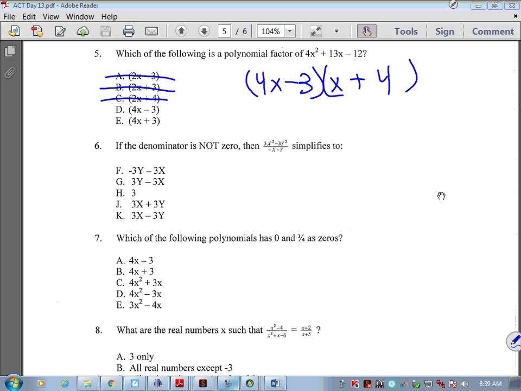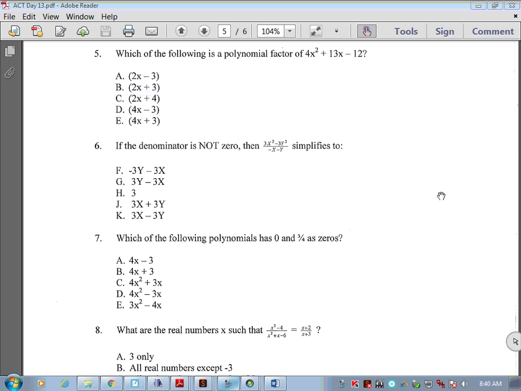What's 4 times 4? What's 16 minus 3? Positive 13, right? And everything else works. So 4x minus 3 is a factor. Okay? So it's less guessing. I don't have to sit there and really ponder about what I'm going to guess and check. They give me 5 options to check. Start with that. Okay?